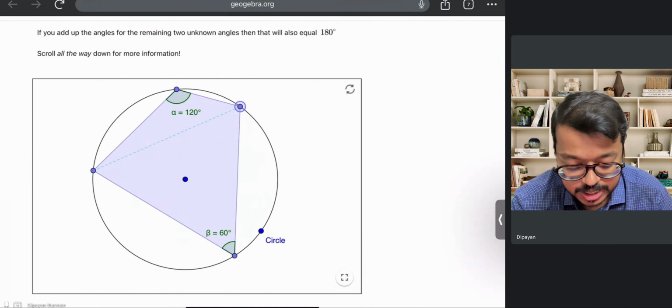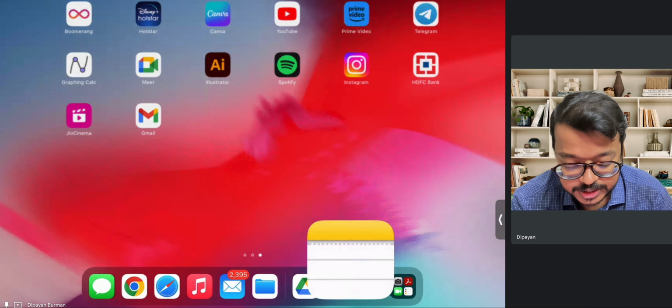All right. And then the last theorem is about an exterior angle of a cyclic quadrilateral. I can extend any one side of the quadrilateral and I will get an exterior angle of the quadrilateral. Here I have extended the side DC so that I am getting the exterior angle for C. According to this theorem, the exterior angle will be equal to the opposite interior angle.